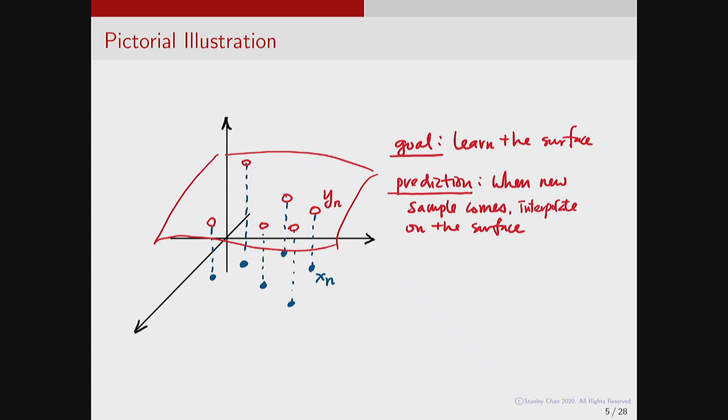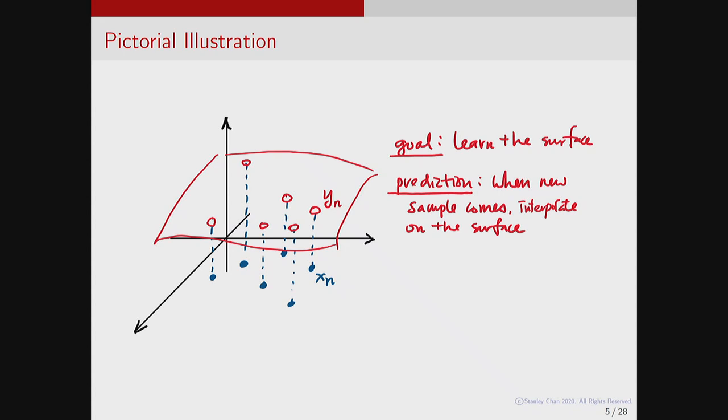Given all these data points in x, you try to draw a surface that covers all the y's. So if a new data point comes, what do you do? Well, you go to the x space, you locate the position of that x, and then you go up. Since you have already drawn that surface, you know what the predicted value would be. Of course, the key is to draw that surface.